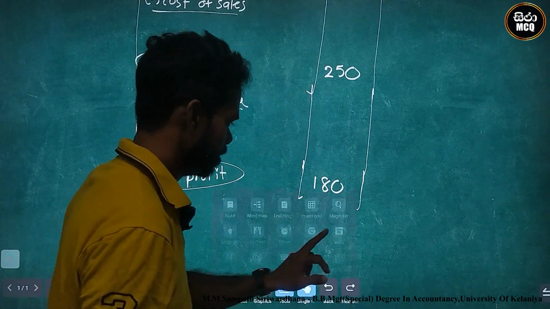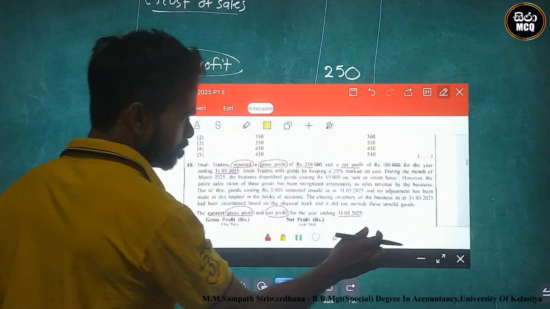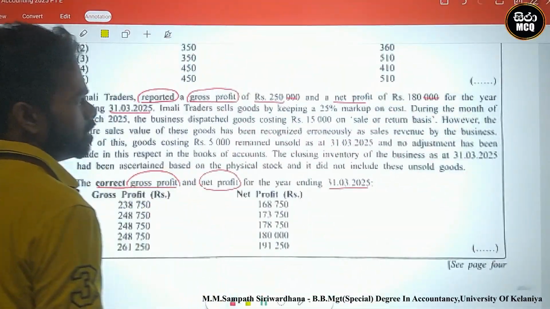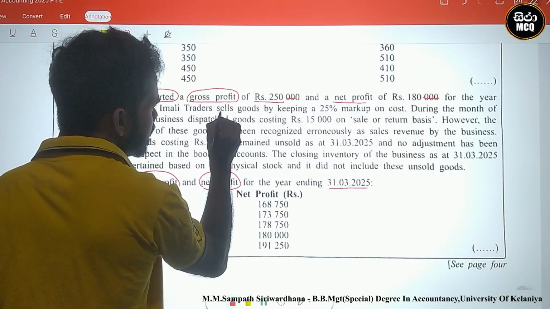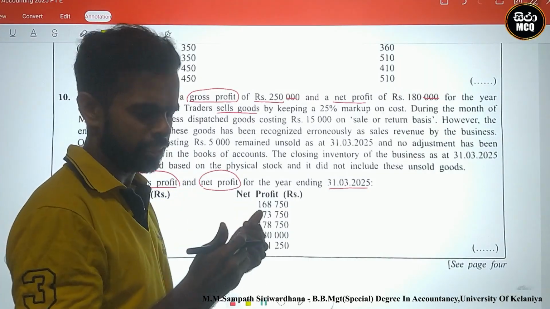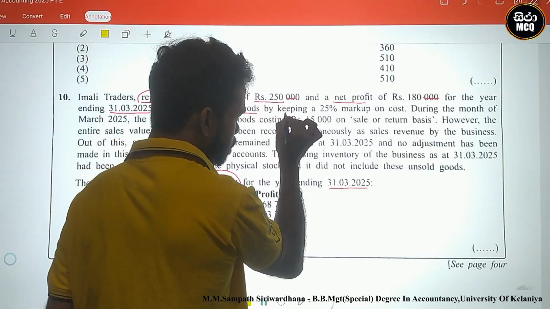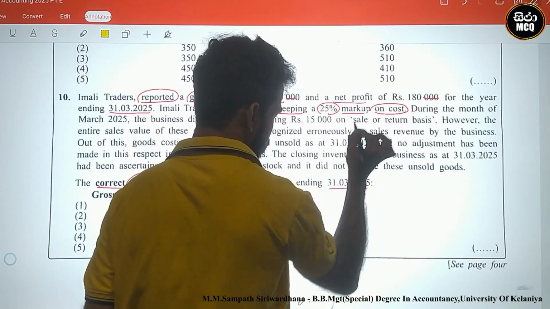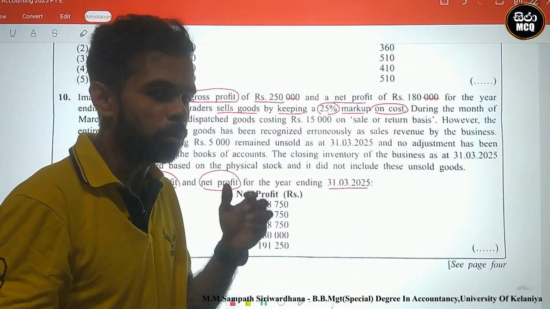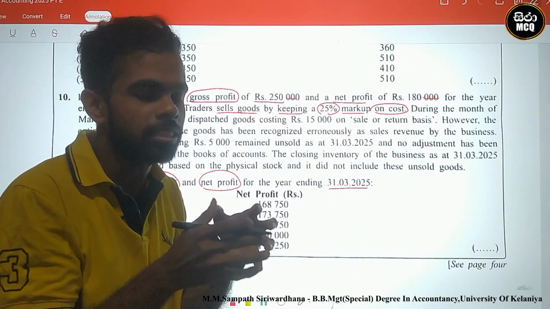Why? This is the question: there are some errors identified. Amali Traders sells goods by keeping a 25% markup on cost. The basis is cost.